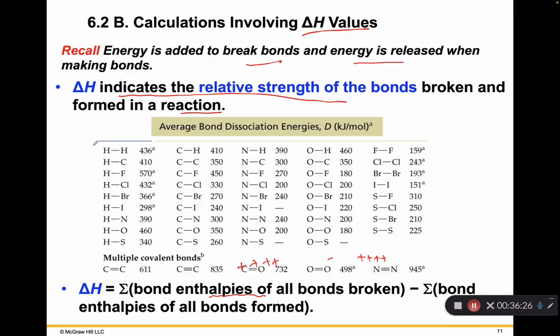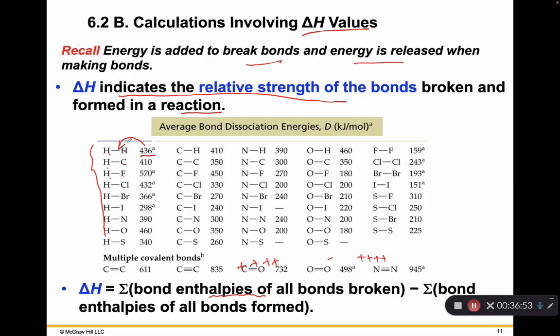So in the data table here, one important thing that we may need to get is, if you see this much energy, all this energy will be required if you want to make the bond between these two things here. Let's take one example. If you want to make the bond between two hydrogen atoms, then you need to supply 436 kilojoule per mole.